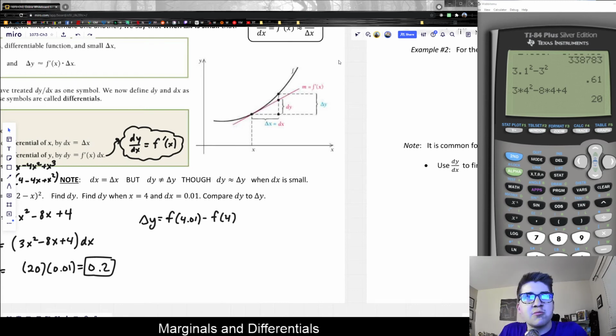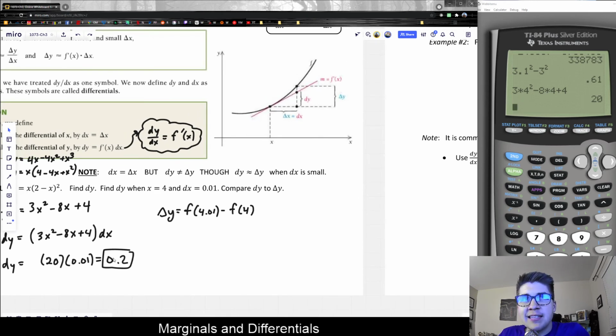It's literally just the change in the height over the interval. What's the approximated rise, and then what's the actual rise over the stated interval.